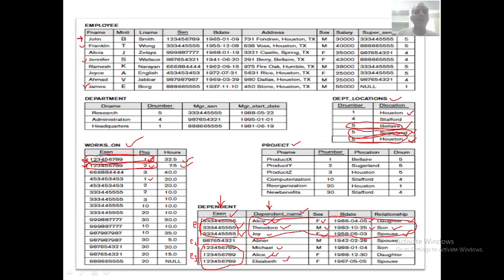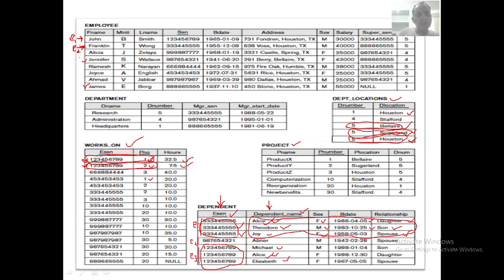All together, it is E1. This is an entity. This is E2. The second one is E2.